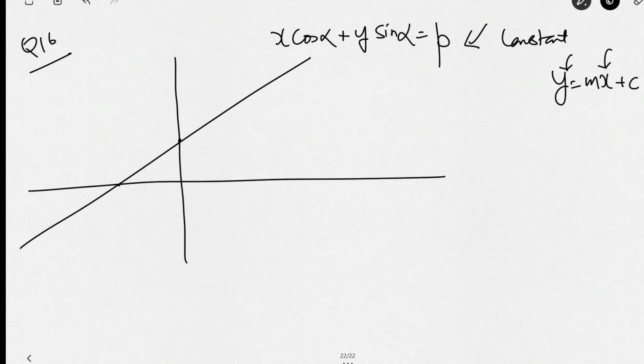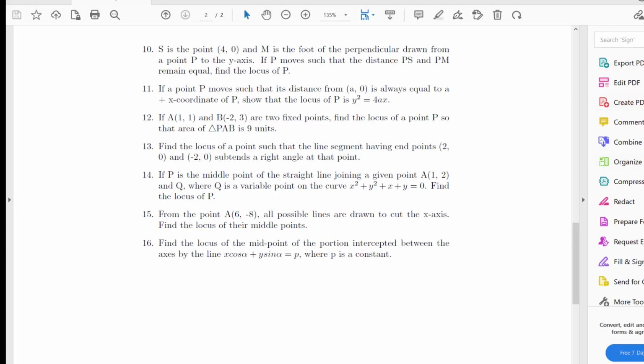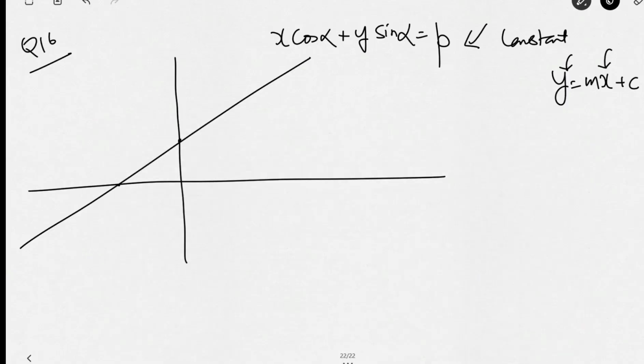The question says locus of midpoint of the portion intercepted between axes. So x and y axis, let's say this is one intercept, this is another intercept. We have to find the locus of this point P. We can take it as alpha and beta, but since alpha is used by this straight line, we can take another variable m and n, that we have to replace by x and y later.